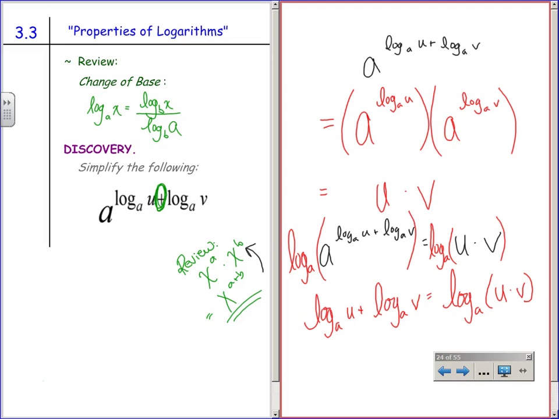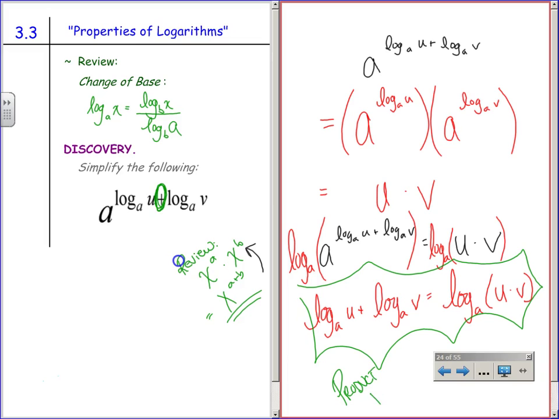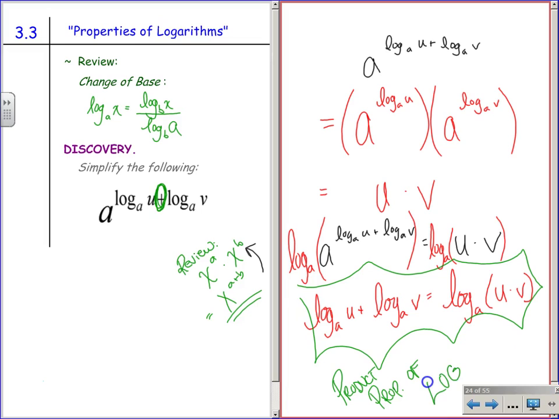And what is this called? It's called the product property of logarithms. That allows me to go from an expanded form of simpler individual logarithms to a condensed form of a single logarithm, depending on the problem.